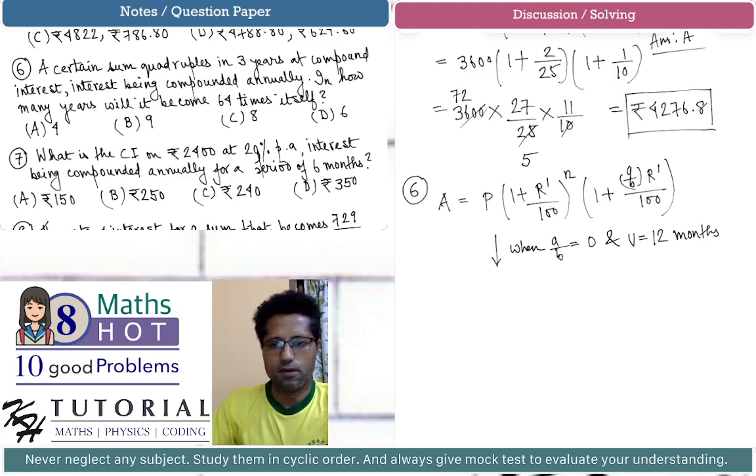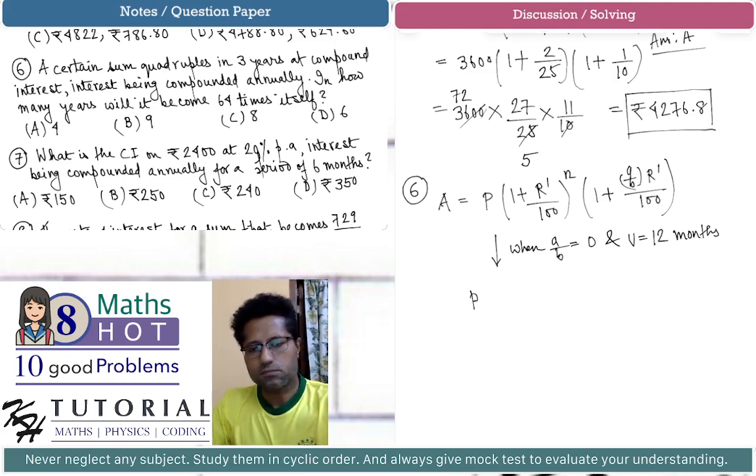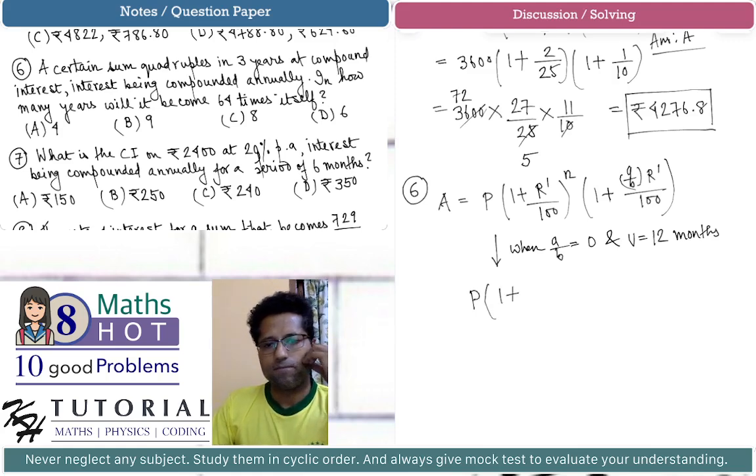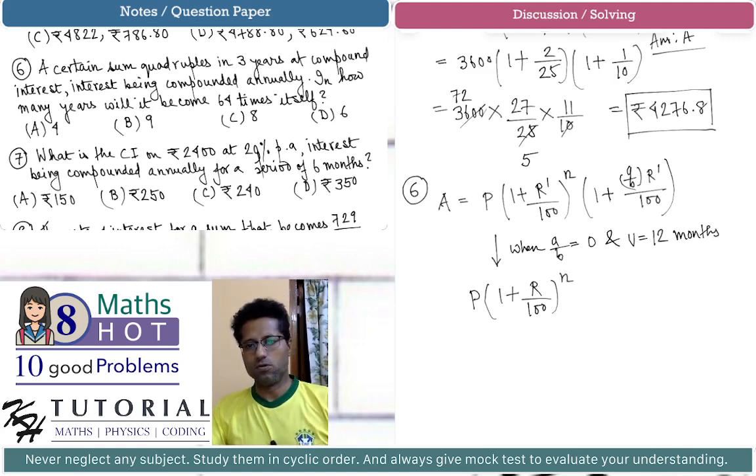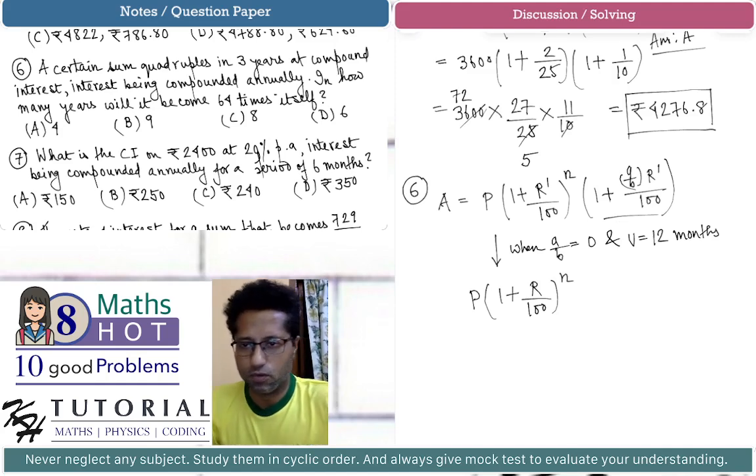This formula becomes P multiplied by (1 + R/100) to the power n. Because the fraction a by b is 0, the last part will be equal to 1.